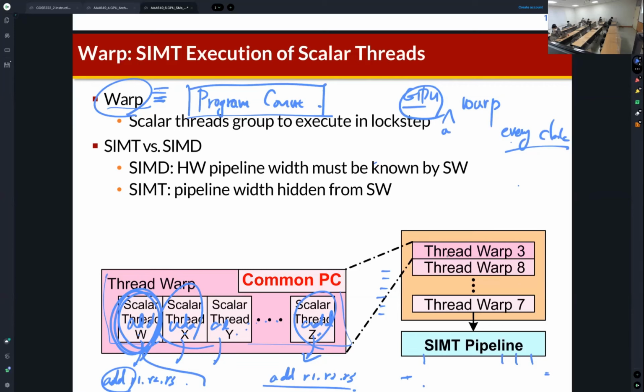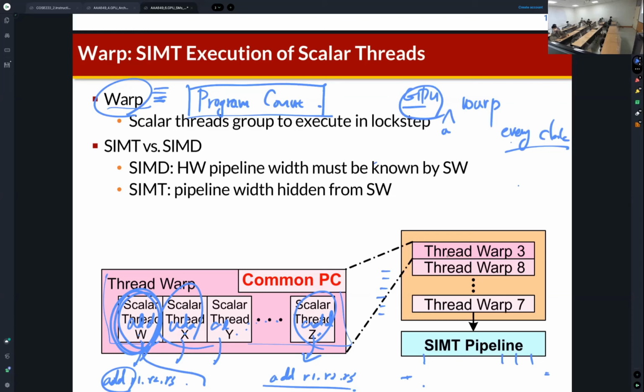A CPU can execute an instruction every clock. The instruction is fetched from the instruction cache, included in the instruction fetch queue, decoded, and dispatched to the execution unit.